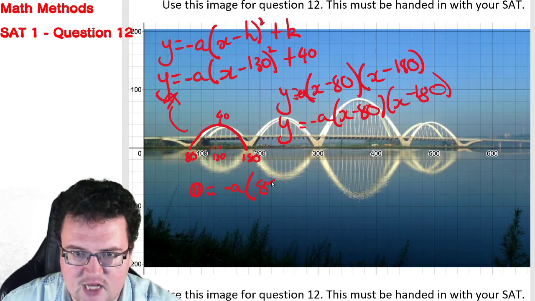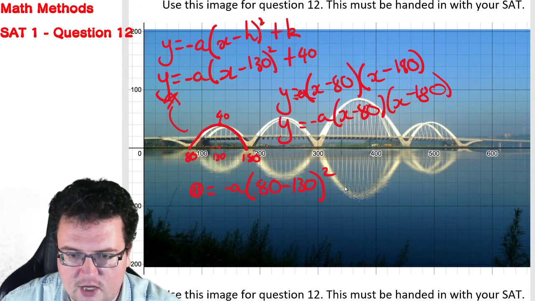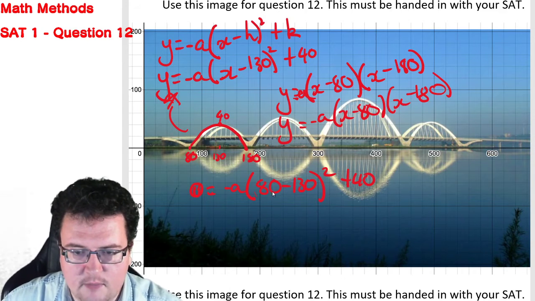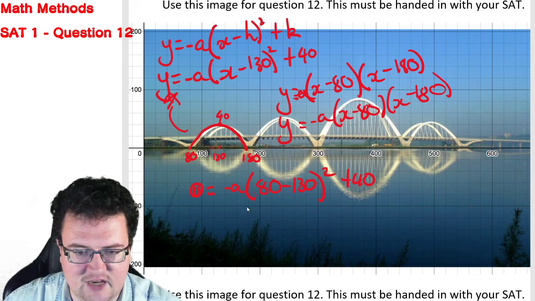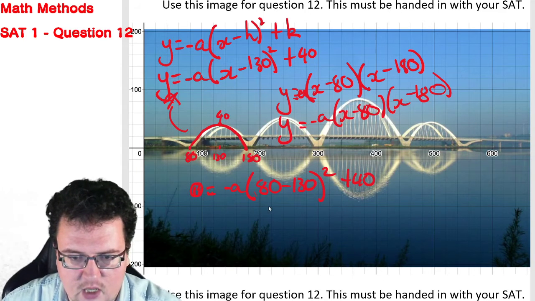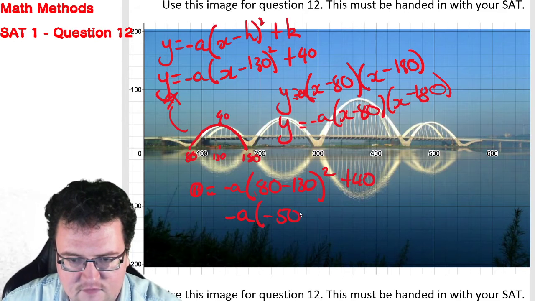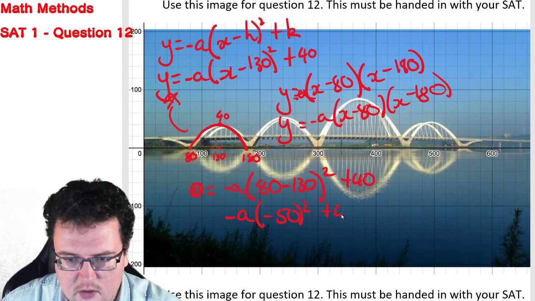So when x equals 80, minus 130 squared plus 40. 80 minus 130 is going to be negative 50. So it's going to be negative a(negative 50) squared plus 40.